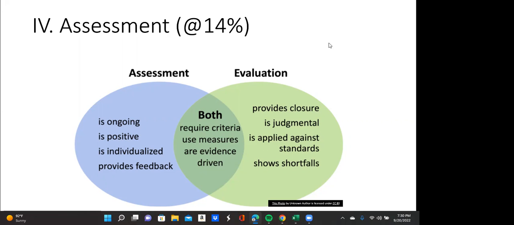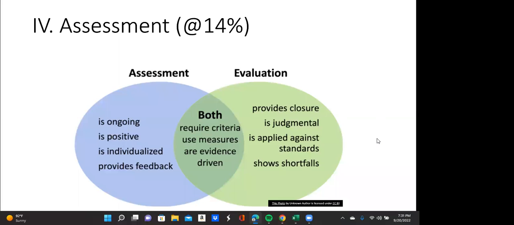Oftentimes they're used as synonyms, but there is a difference between an assessment and an evaluation. The assessment portion of this test is going to be approximately 14% of the test and may have as many as 17 questions on the test.